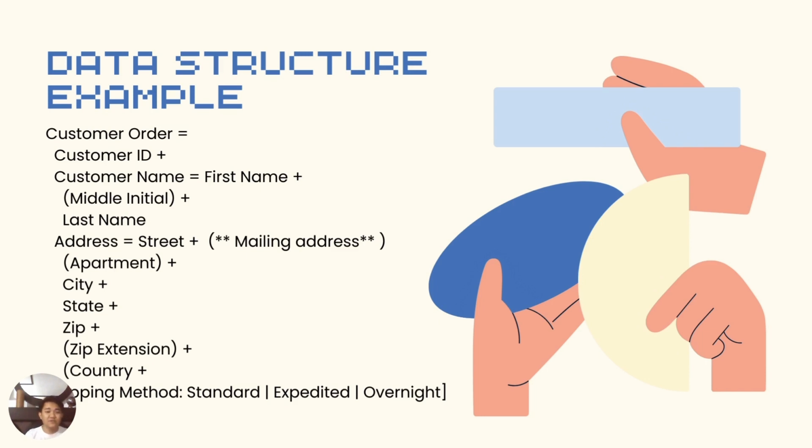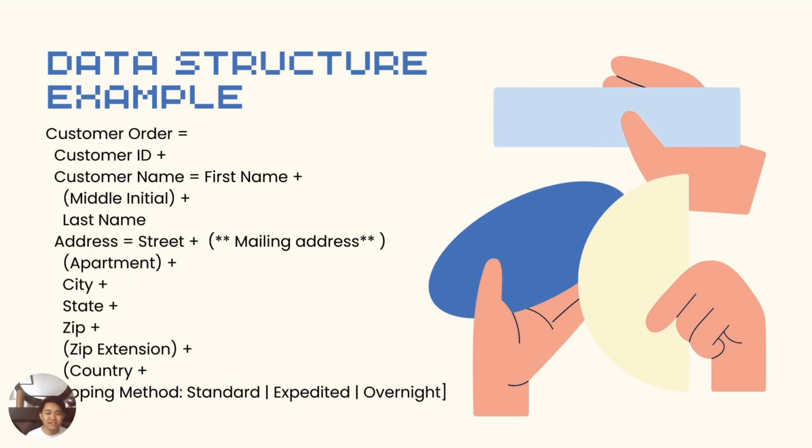You also notice that there are parentheses. As I said before, the parentheses mean that it is optional, since a lot of people don't have middle initials. The same goes for the address there: mailing address, apartment is optional, stuff like that. And as you can notice at the last line, we have the shipping method.